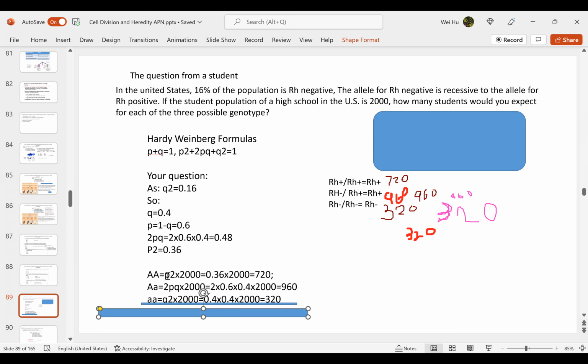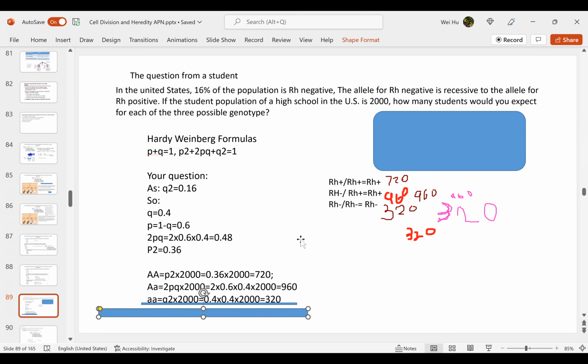So therefore, you get this one. P squared multiplied by 2000, you get 720. And 2PQ percentage multiplied by 2000, you get 960. And recessive, so the Q squared multiplied by 2000, then you get 320.